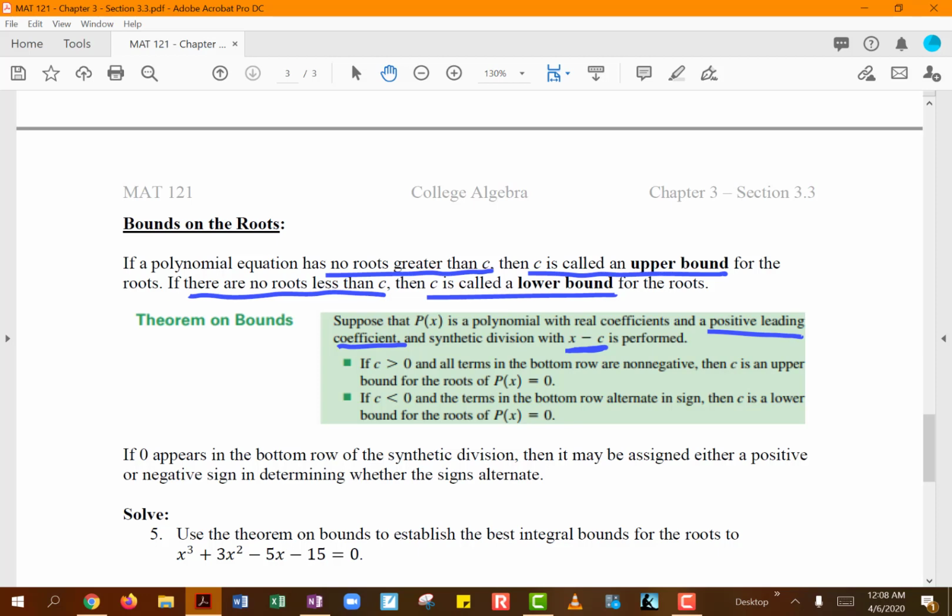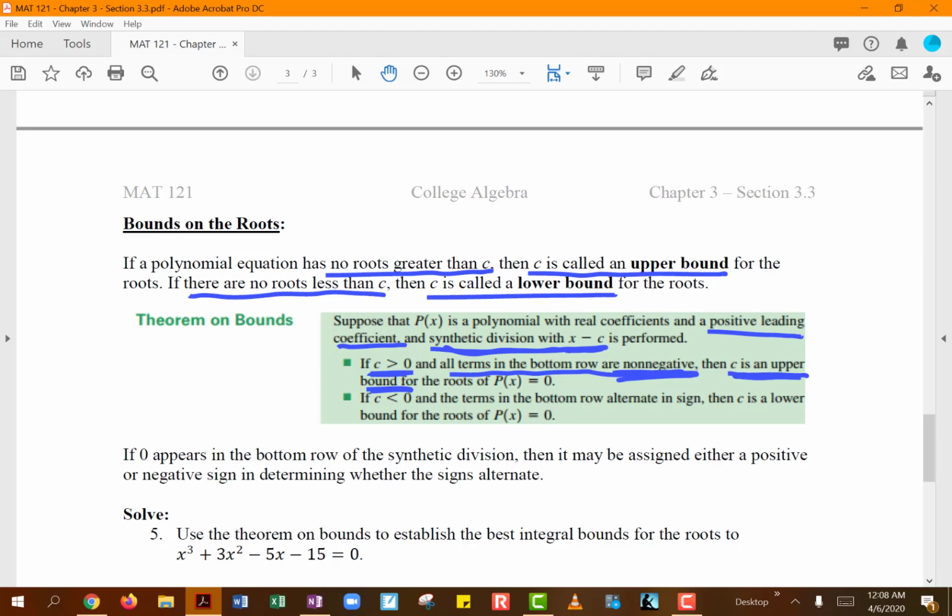So they're saying if c is a positive number, and all the terms in the bottom row of your synthetic division are non-negative, then we would say c is the upper bound for the roots of your polynomial.